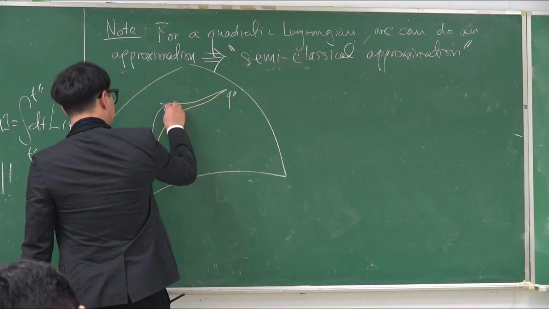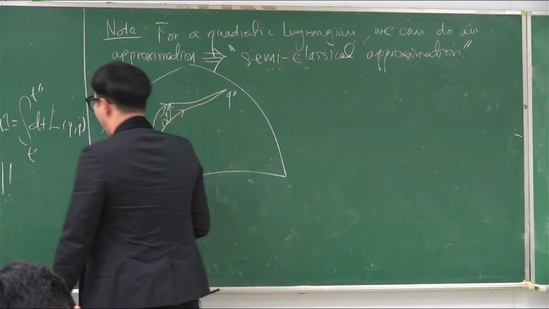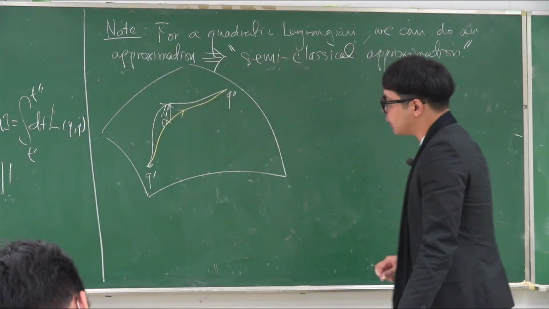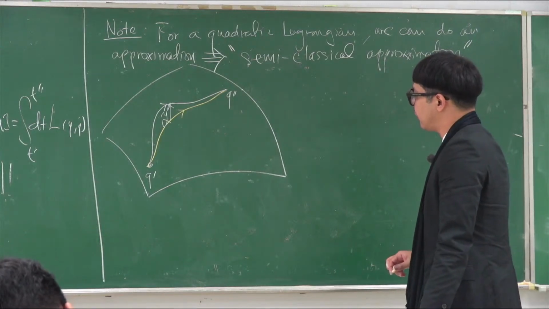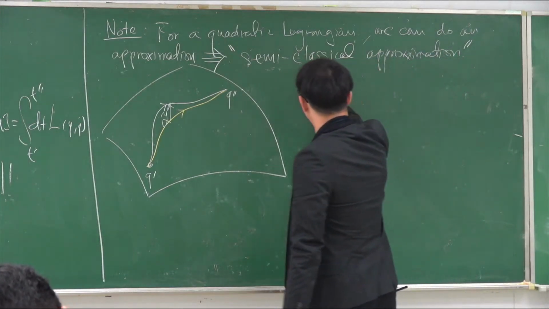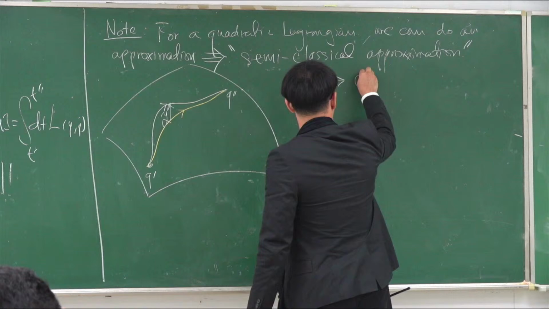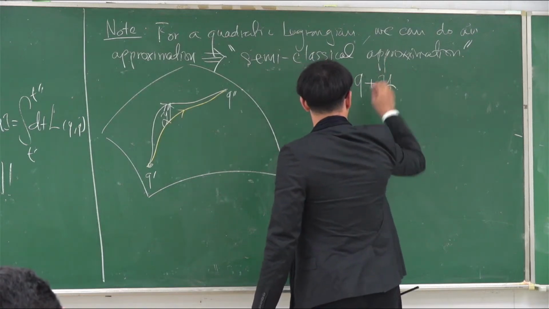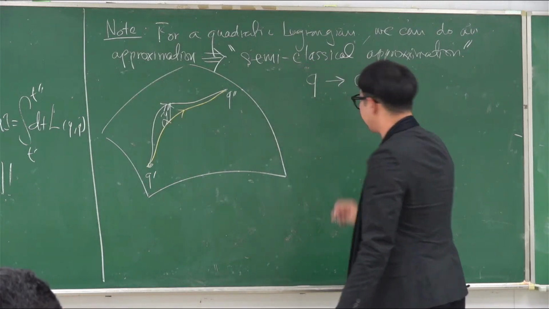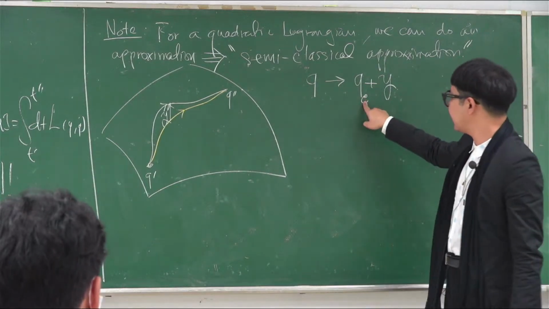We say that the deviation from the classical path, q, changes to be this one.